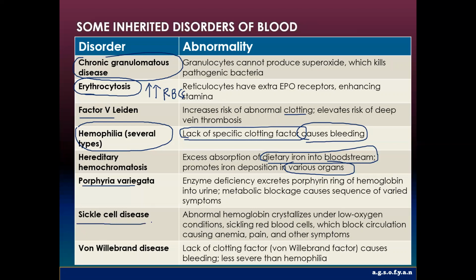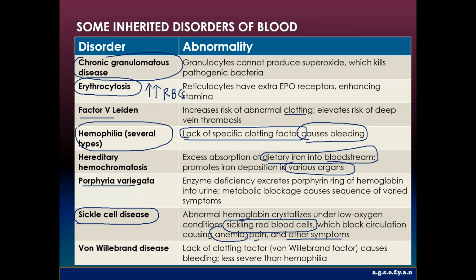Sickle cell disease. This is mostly found in African Americans. They have abnormal shape and function of red blood cells. So the red blood cell is not normal. They carry less oxygen and also can sometimes clog the blood circulation, causing anemia, pain, and some other symptoms.